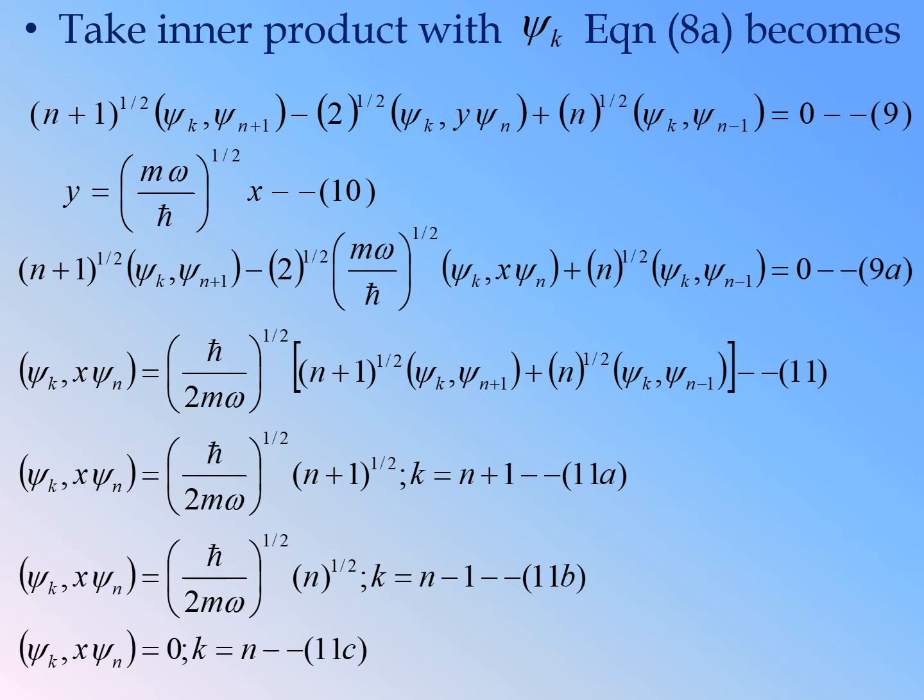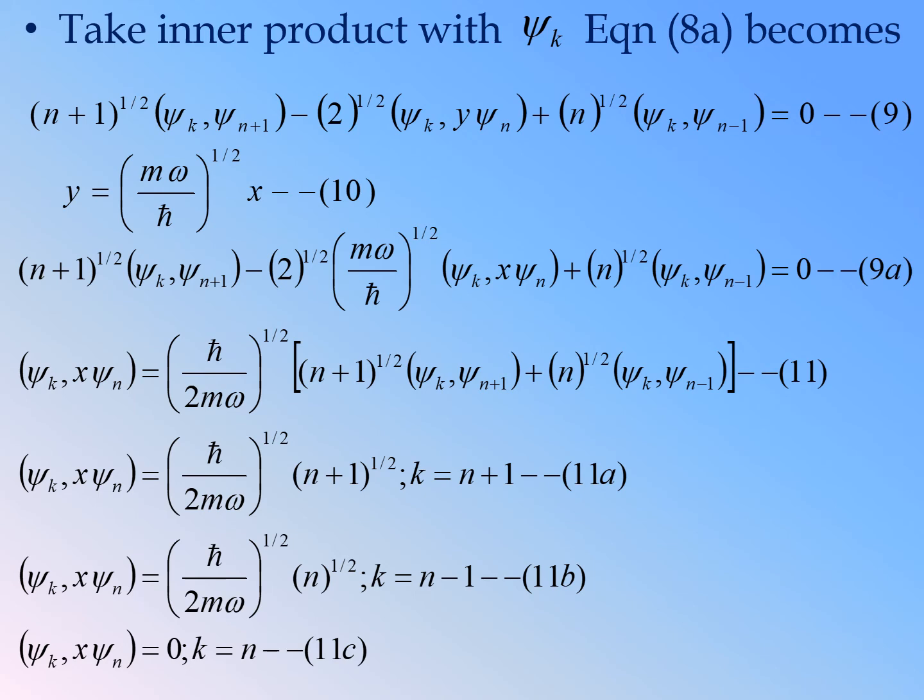Take the inner product with psi k, then the equation becomes square root of n plus 1 inner product of psi k comma psi n plus 1, minus square root of 2 inner product of psi k comma y psi n, plus square root of n inner product of psi k comma psi n minus 1, equal to 0.